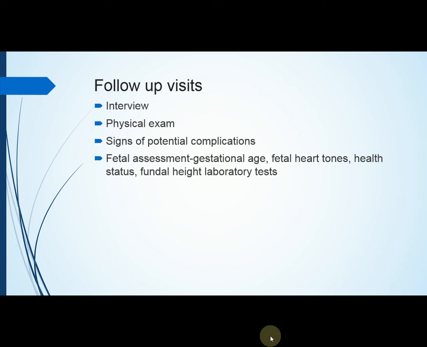We do a lot of different types of screening and laboratory tests. In follow-up visits, they're pretty limited. Like I said, usually urinalysis, but sometimes we will do multi-marker screenings for Down syndrome, trisomy 18, neural tube defects, and gastroschisis.